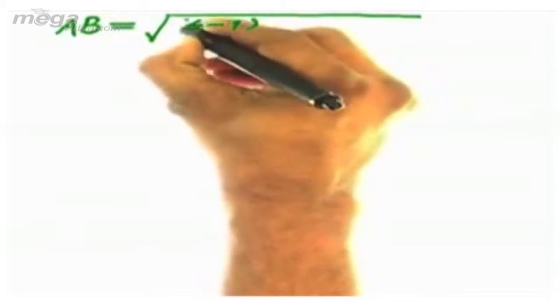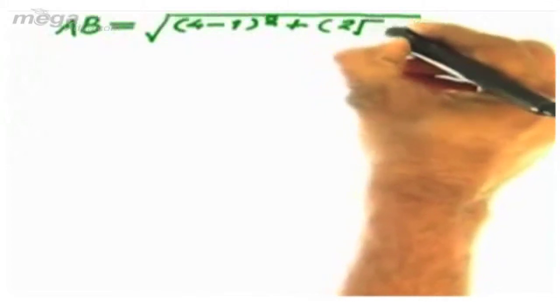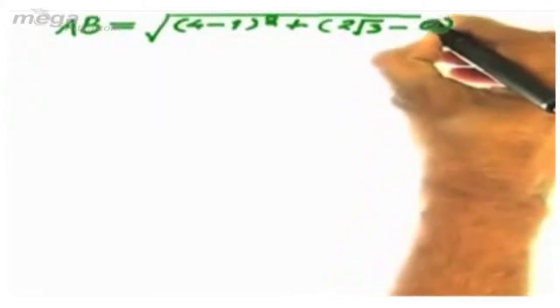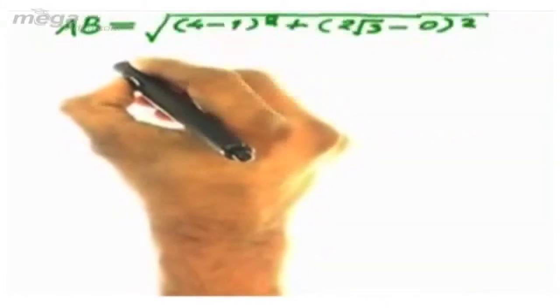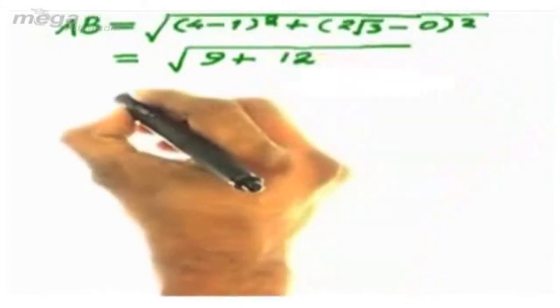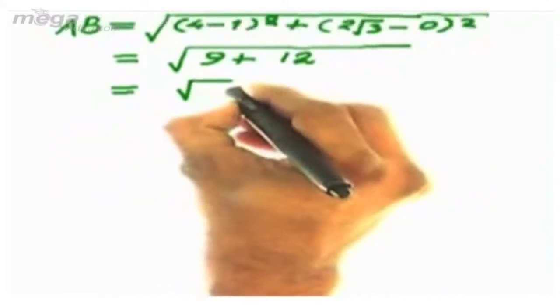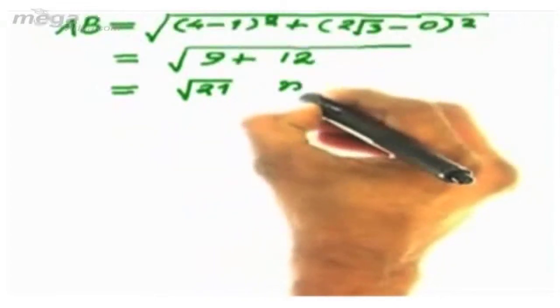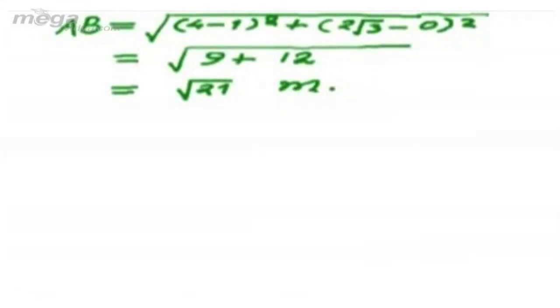So by putting these values, AB equals the root of (4 minus 1) square plus (2 root 3 minus 0) square, so it becomes the root of 9 plus 12, or it is equal to root 21 meters. It is the displacement.